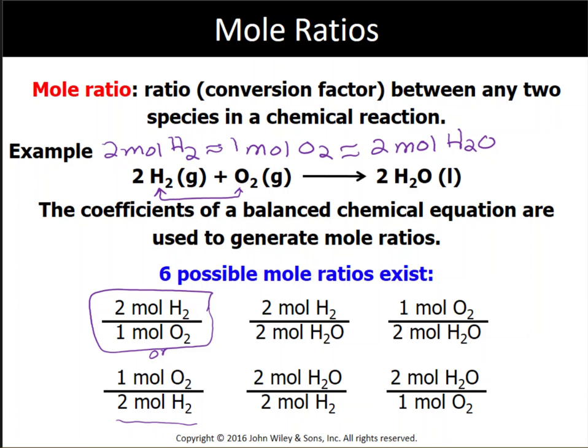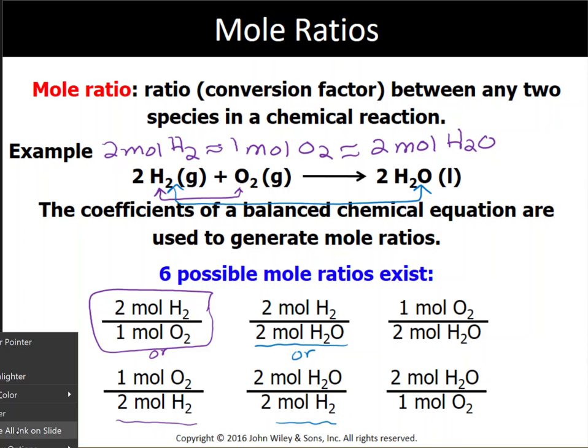For example, I can look at the ratio in between H2 and H2O. Based on the balanced reaction, each 2 moles of H2 produces exactly 2 moles of H2O. Or I could write this as each 2 moles of H2O is produced by the reaction of 2 moles of hydrogen gas. So all different possibilities here.